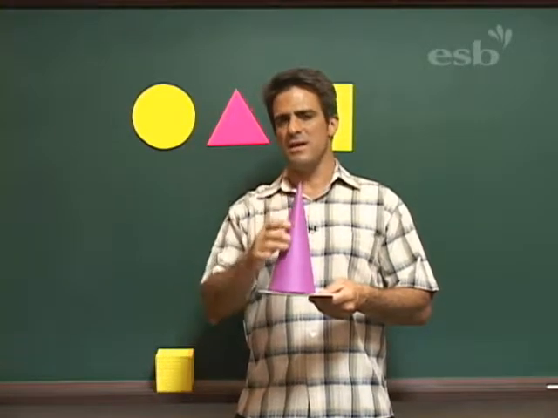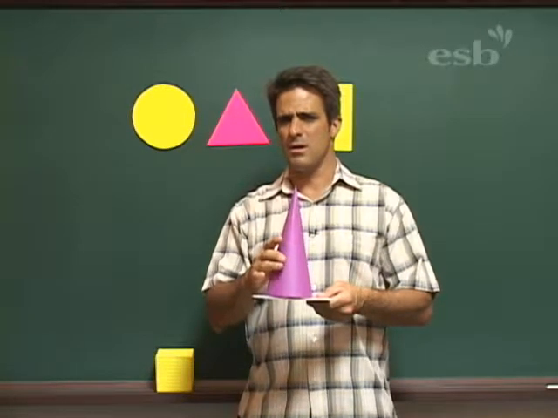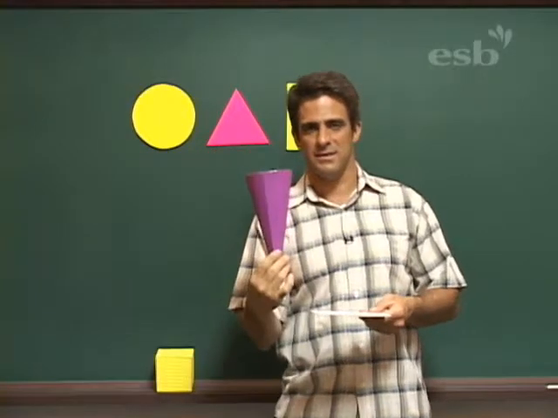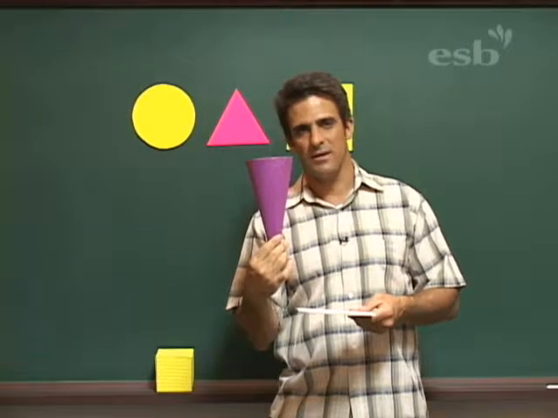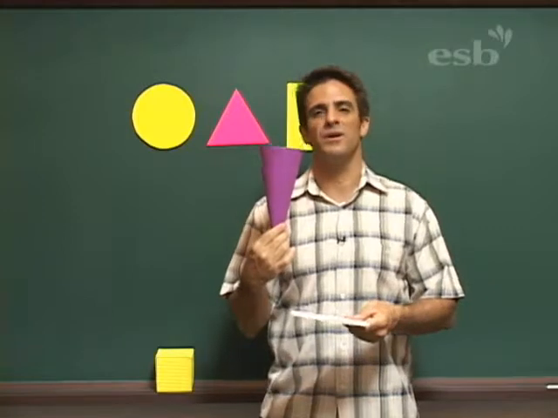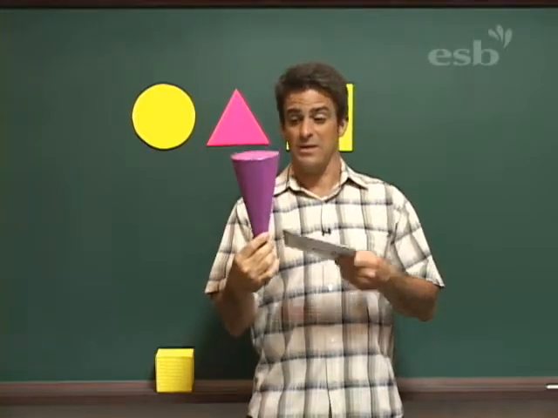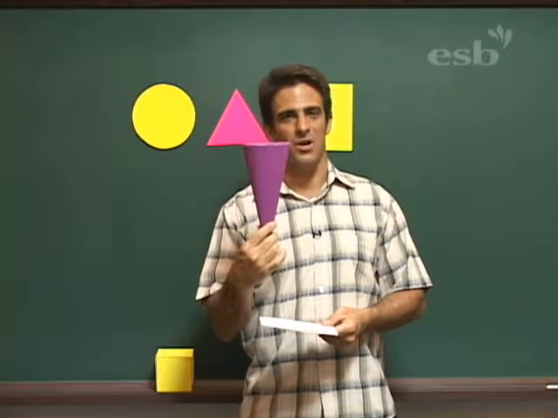Can you think of any famous kind of cone? If I hold it like this, what would you put inside of it? Ice cream. Yes, that's why we call it an ice cream cone, because inside the cone we put ice cream, shaped like a cone.